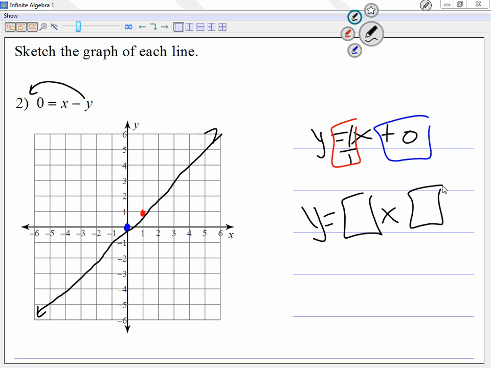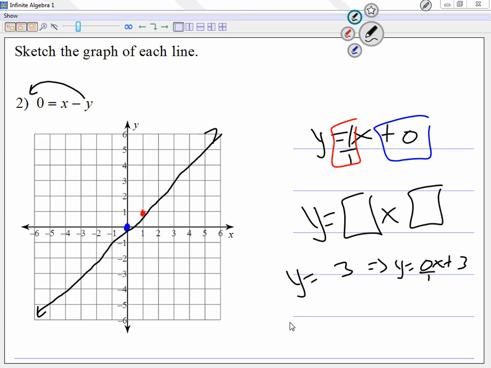What I mean with that is, if I was to give you guys y equals 3, replace that as y equals 0x plus 3. Once again, if you're missing the x term, put a 0x for it, because you can put 0 over 1, and you can move on out.